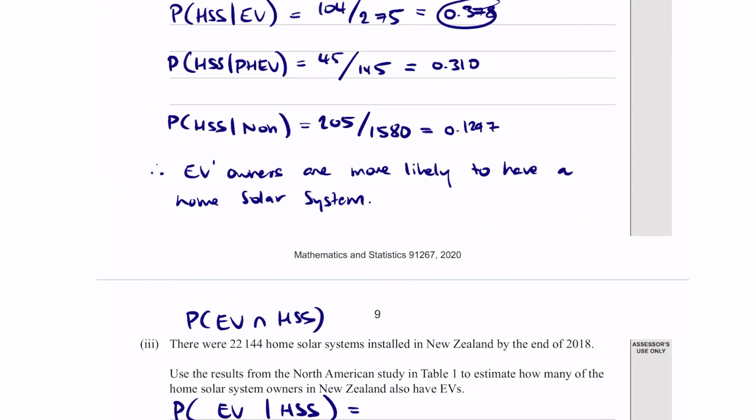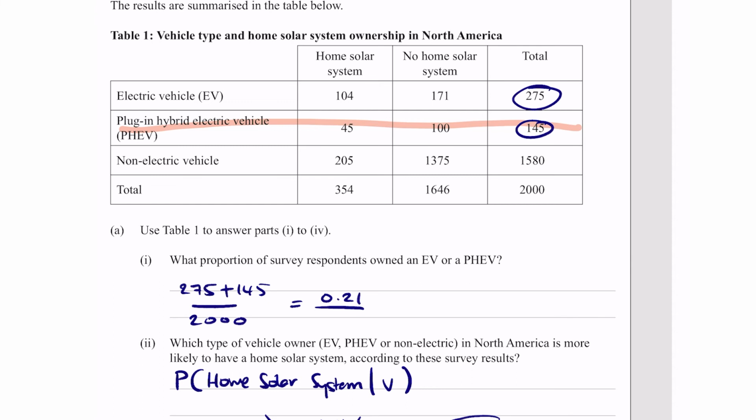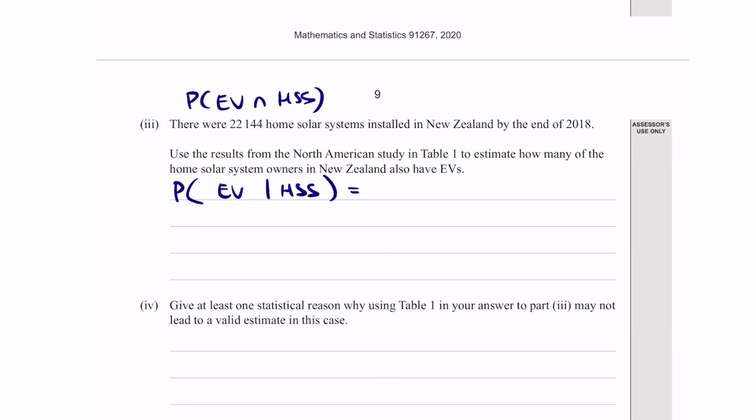So what's this? The probability of HSS. So if we look at our table here, what's the HSS? So which is it, a column or a row? It is a column, right? So we're looking down here. Now, what's the probability of having an EV from this column? It's 104 out of 354. So what we're doing is 104 over 354, and we're going to get this probability, which is 0.294.